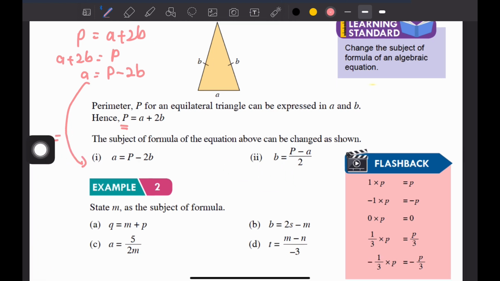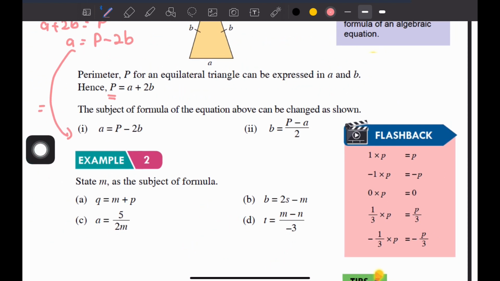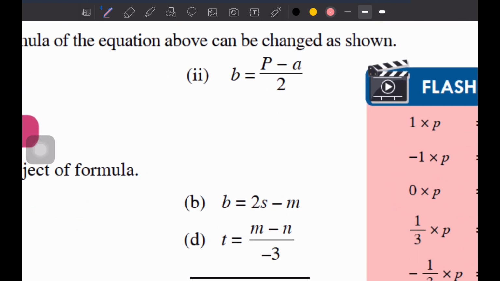So macam mana kalau kita nak buat B? For example, the original we have P is equals to A plus 2B. If we interested to make B as our subject, so make sure B is on the left. So I will rewrite this equation A plus 2B is equals to P.